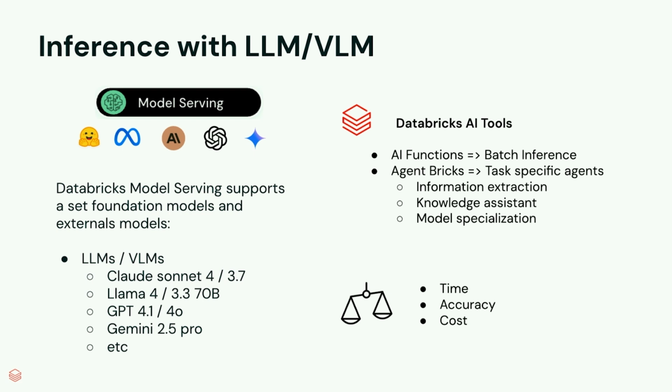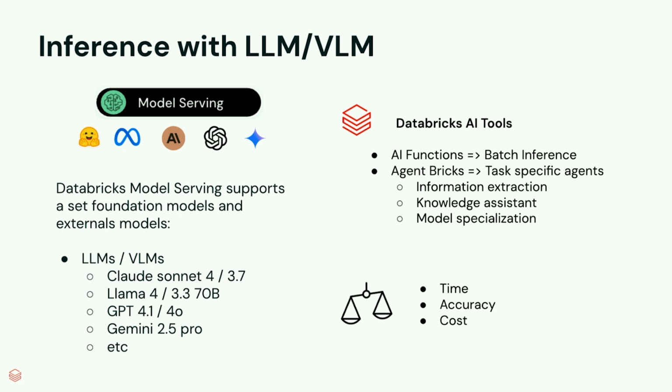Then Agent Bricks. Maybe you heard about it from the keynote: task-specific agents for specific business use cases, whether it's information extraction or knowledge assist, which is essentially a RAG agent, and model specification for fine-tuning. Again, there's a trade-off for time, accuracy, and cost. And as Ali mentioned, we're going to help you find that trade-off. That's a highlight of the double click on those middle two blocks.